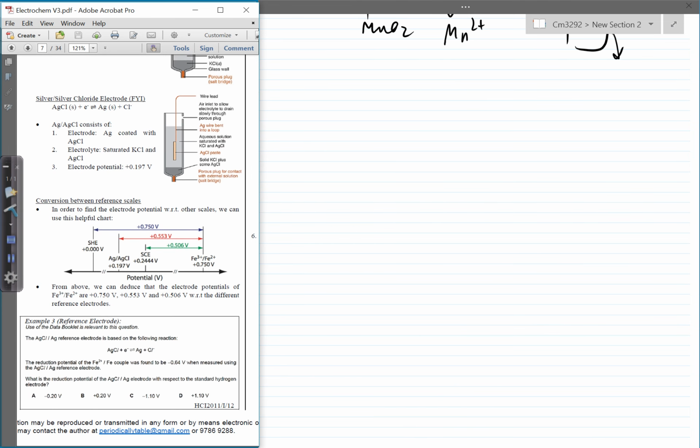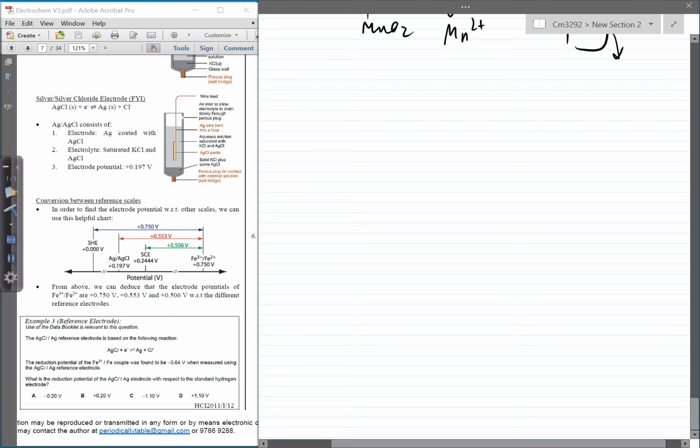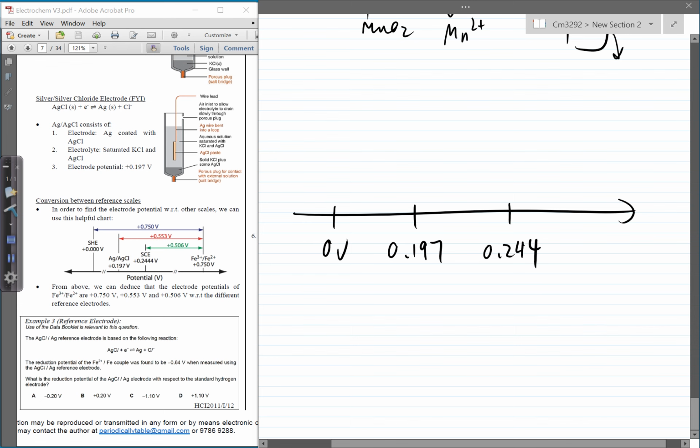So how do you convert between reference scales? We know that if you plot this potential line, your standard hydrogen electrode is at 0 volts, and we know that the silver chloride is 0.197 and the standard calomel electrode is 0.244, right?